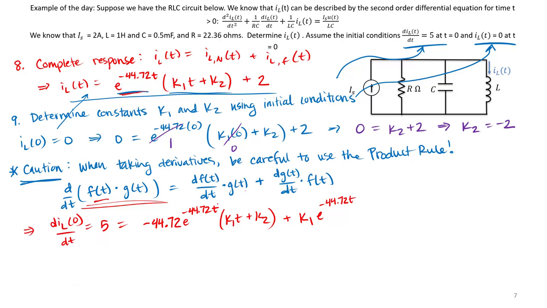Notice, of course, that we are looking at time t equals 0, so we plug in zeros for our time. And if we do that, this term becomes 1, this term becomes 0. We know k2 is going to be negative 2. This term becomes 1.